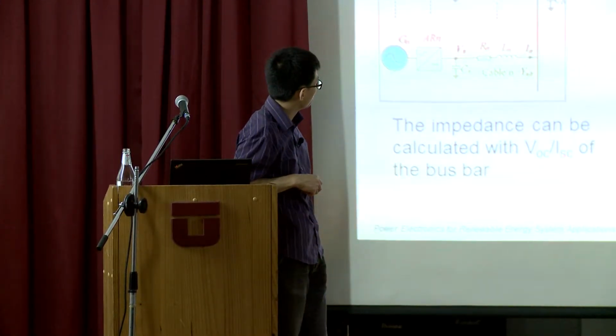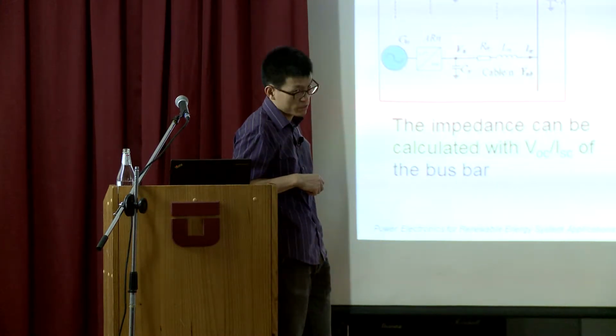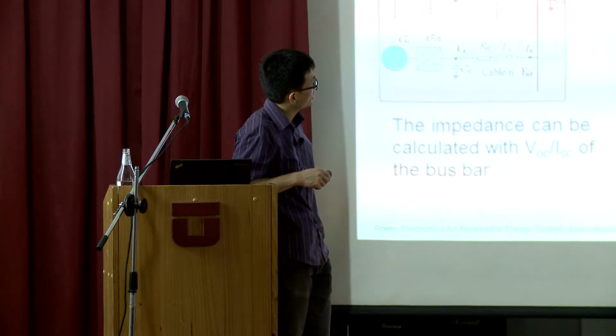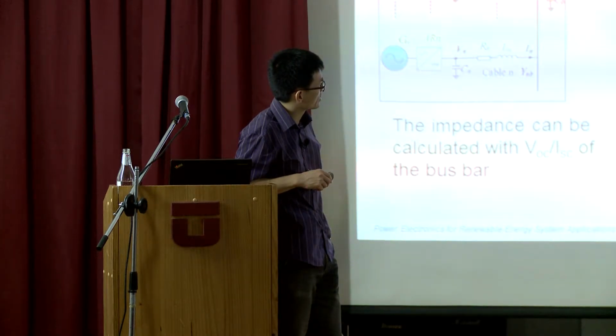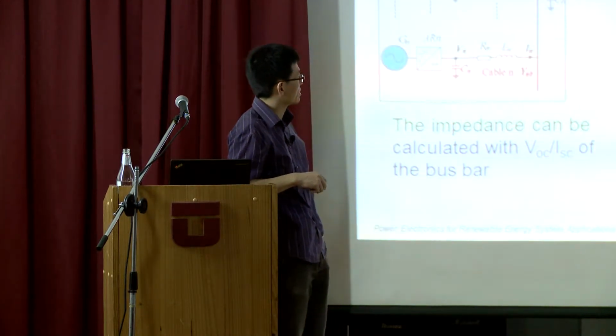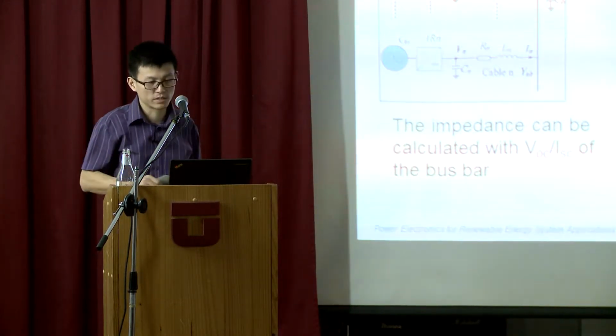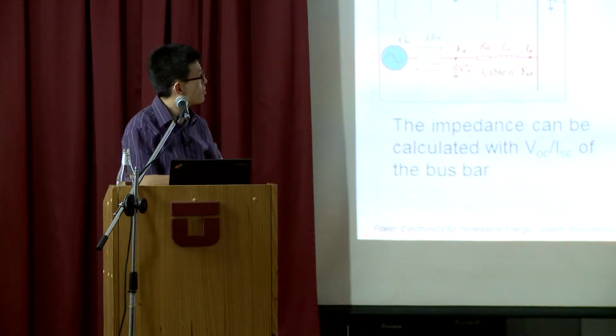You can either do it this way, or with very complicated mathematics. Something you can do is use the open circuit voltage VOC. You have an open circuit here and derive the VOC, and afterwards you do the short circuit test. You short circuit this and look at the short circuit current at this stage.